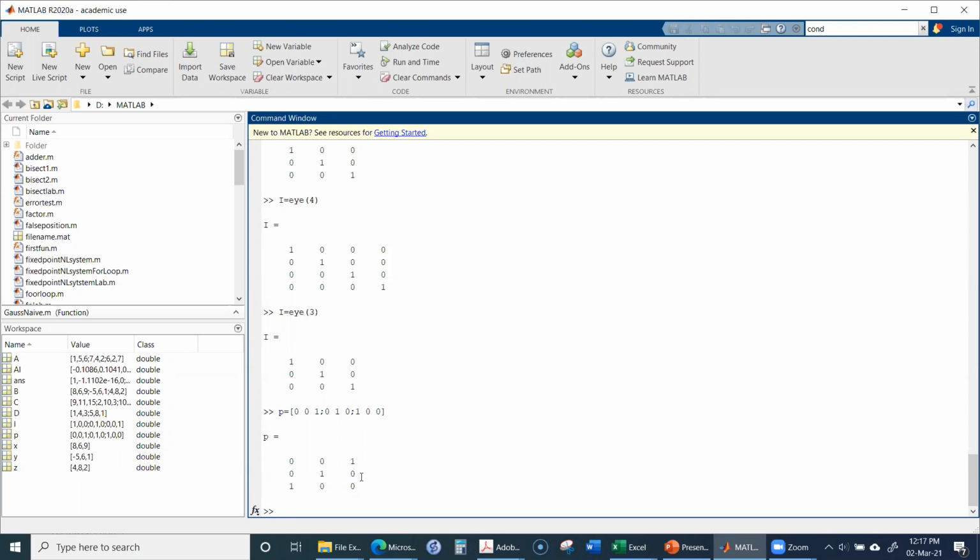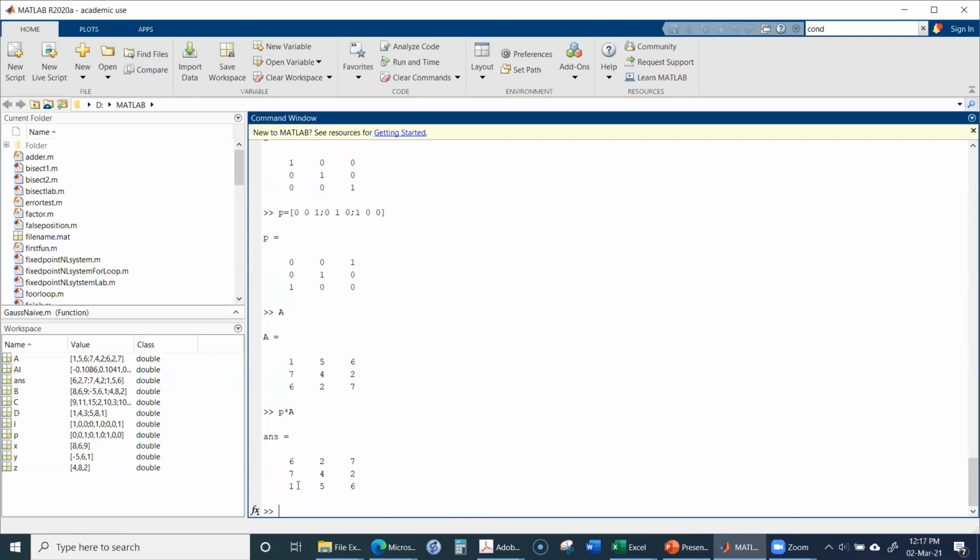This is one of the properties of the identity matrix: if I multiply our original matrix A, let me see, the original matrix A was this. Now if I take the multiplication P times A, that means I multiply this P matrix, in which I have interchanged the first and third row of the identity matrix, with this matrix A, and let's see what I get.